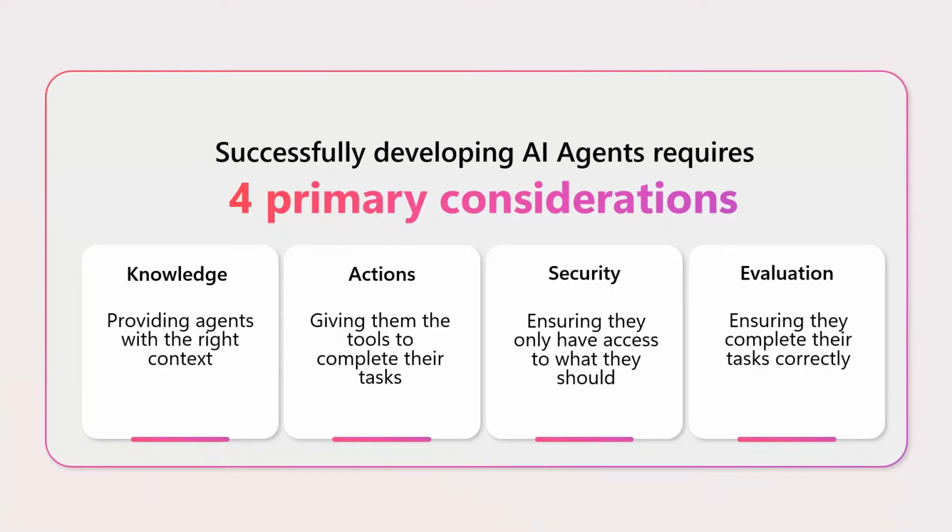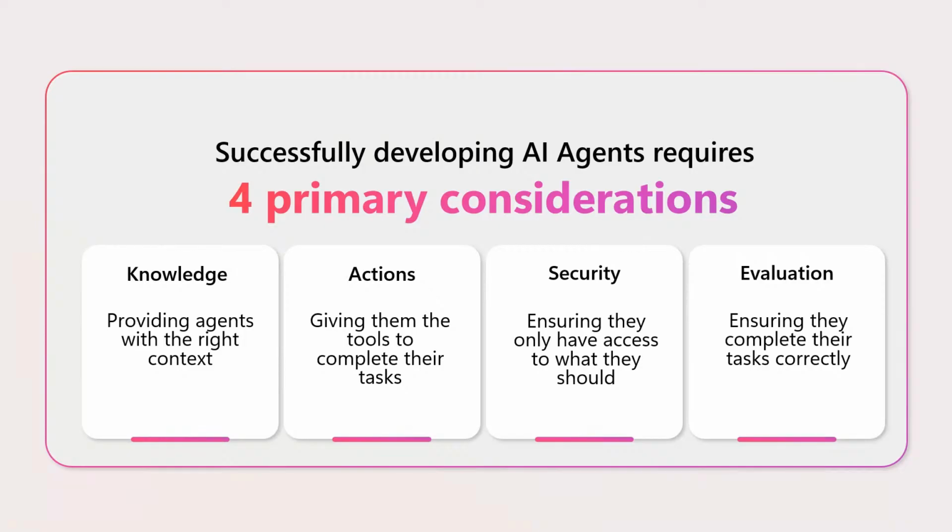So first of all, providing agents with the right context or knowledge ensures they understand the environment they operate in. If they don't have the data, they will not be able to successfully complete a task, especially because a large language model has a knowledge cutoff and has no access to data behind firewalls. So we need to provide the agent the knowledge, the context it needs to operate.